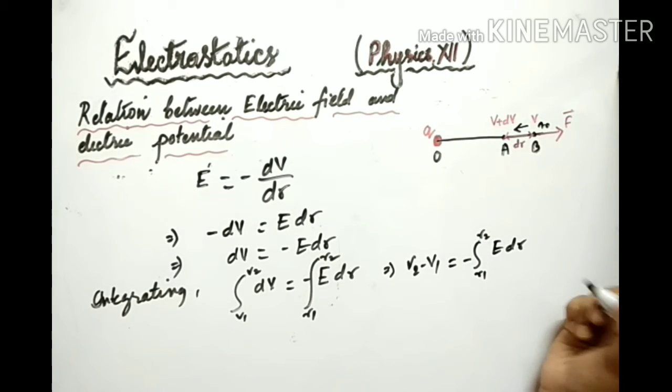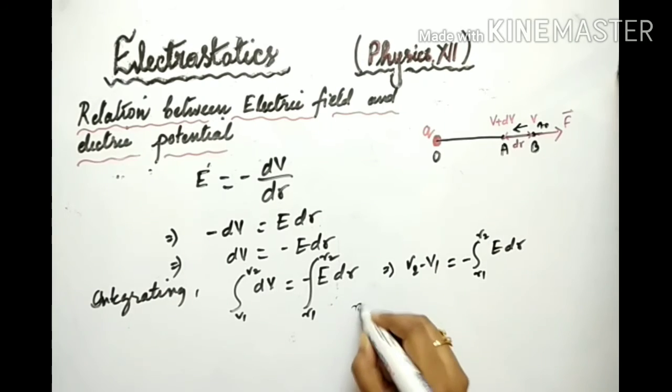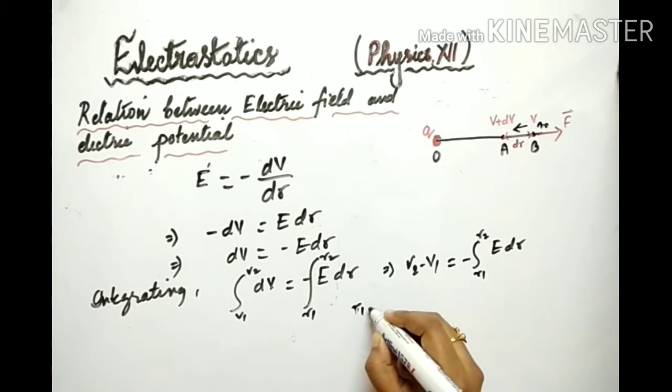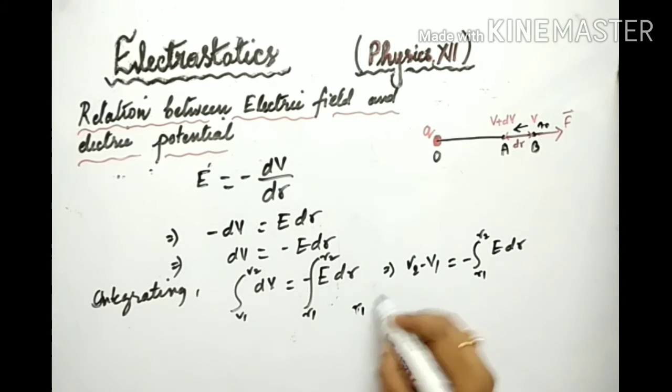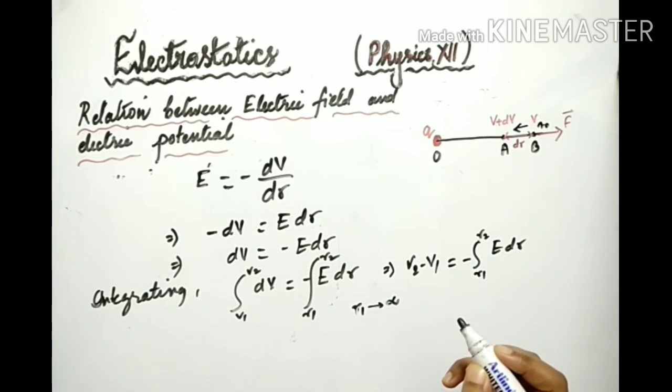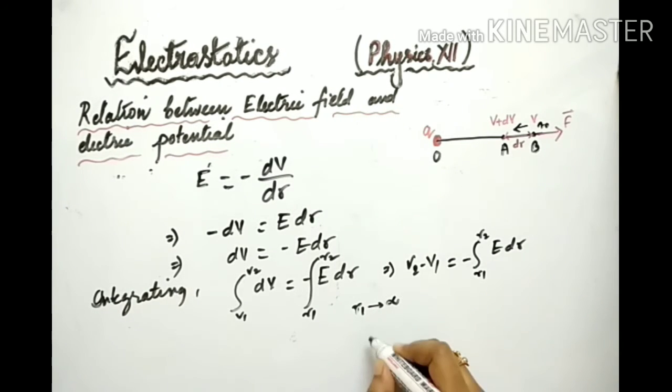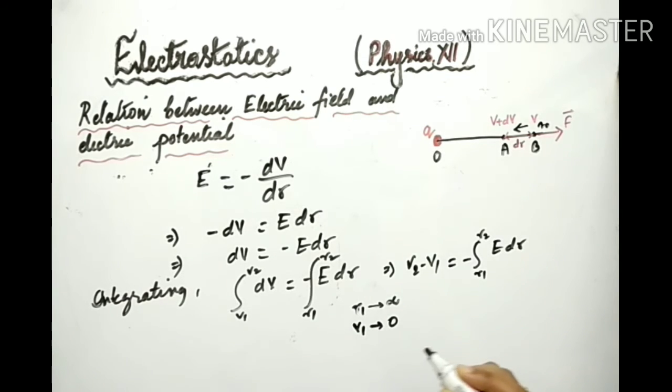Now suppose r1 you take at infinity, so what will happen to your V1? So your V1 will be 0 there. Okay, so then how can you write?